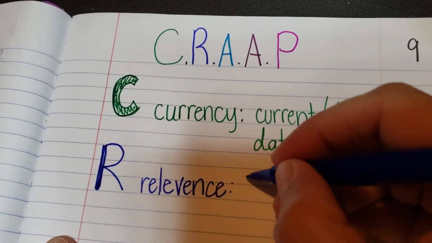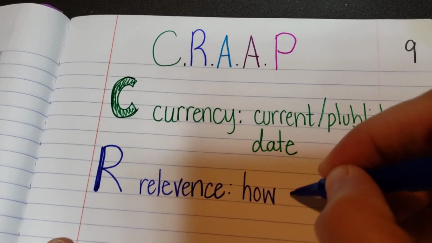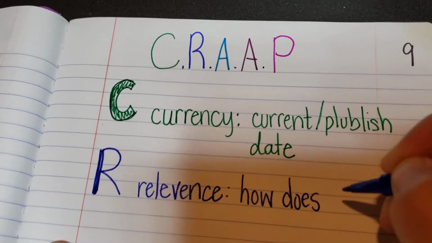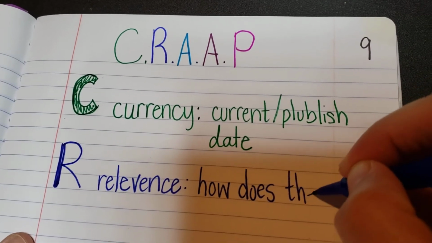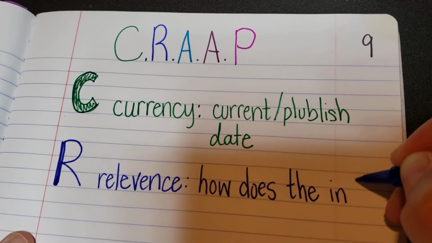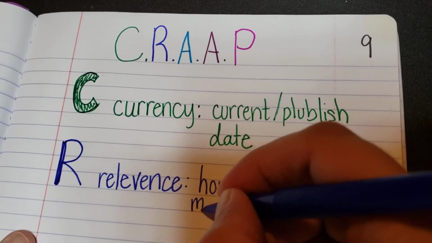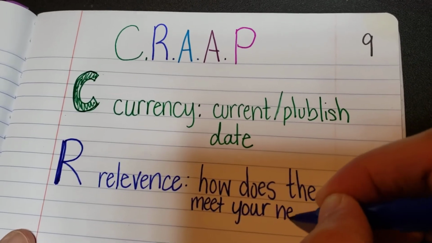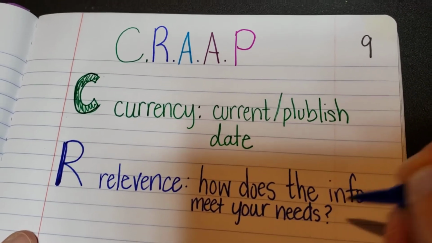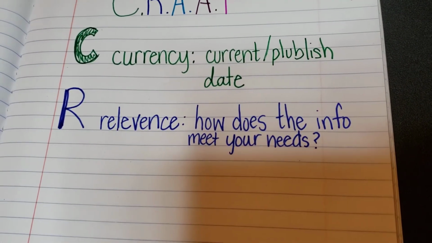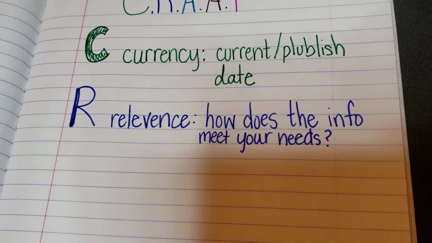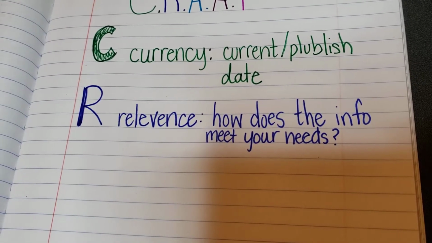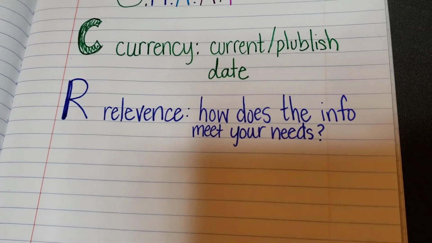How does the info meet your needs? Does it apply to what you're trying to talk about? Is the information that you got, the source you got, does it tell you about what you're doing, or is it about something else and just has a little piece of it? You need to make sure it's relevant to what you're talking about.